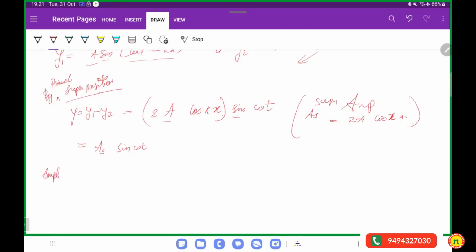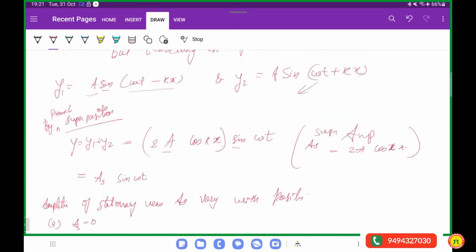Amplitude of stationary wave A_s varies with position. So if A_s equals 0, then what about this? We have to go up. A_s equals 0. What is A_s? 2A cos kx.